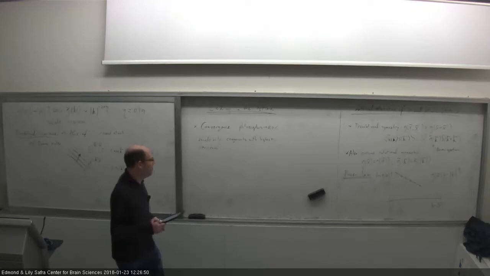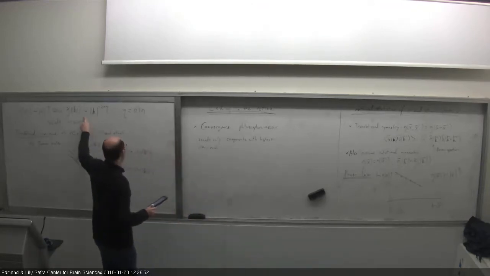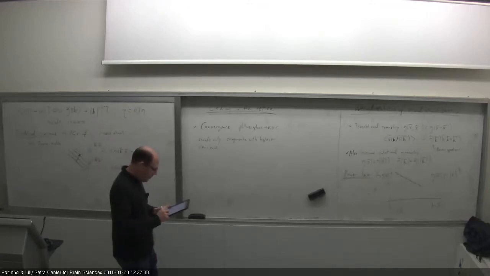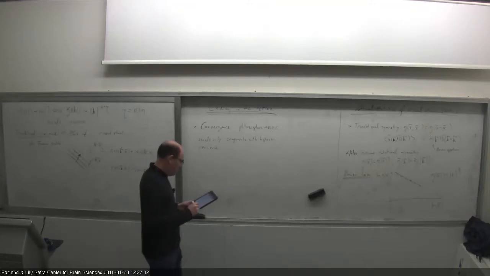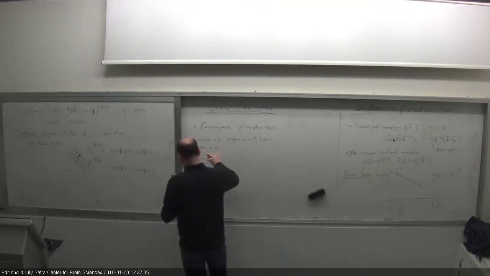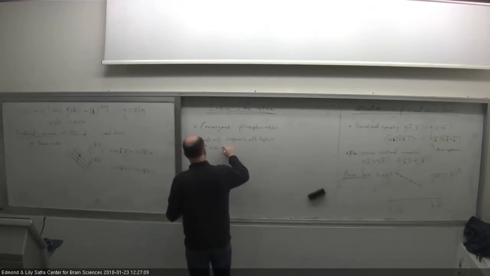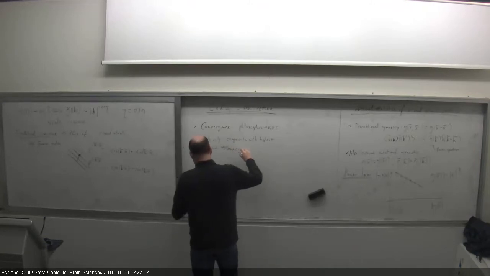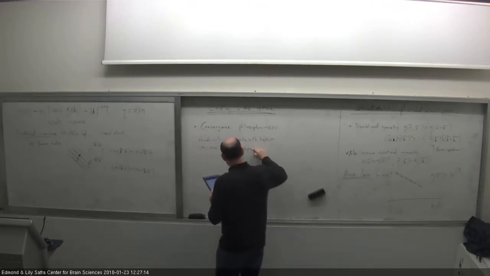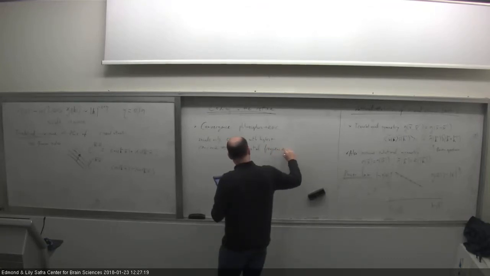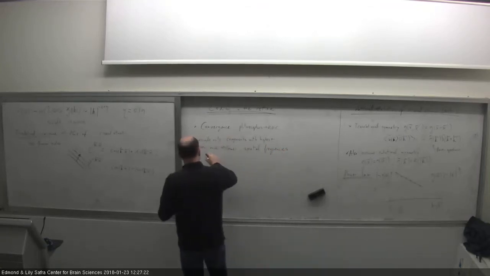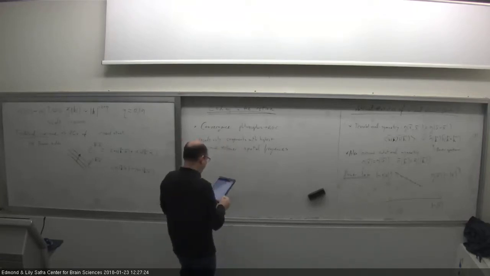Because this is what I told you here, that the variance is a monotonically decreasing function of the frequency. These lower spatial frequencies are the principal components with the highest variance.